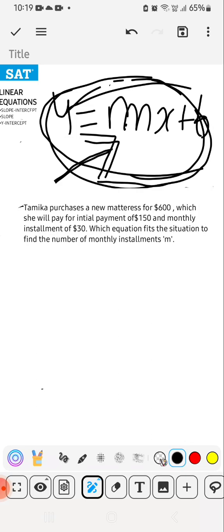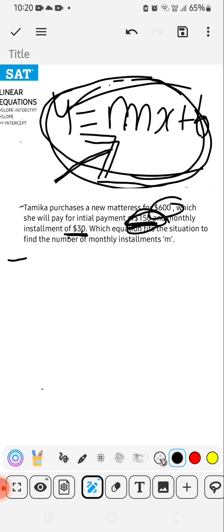I have told you that the initial payment is the y-intercept, so 150 is the y-intercept, and the monthly installment is an example of slope. The $30 is the slope, and the value that is applied multiple times is also a slope. So 30 is the slope, 150 is the initial payment, which is the y-intercept, and 600 is the total.